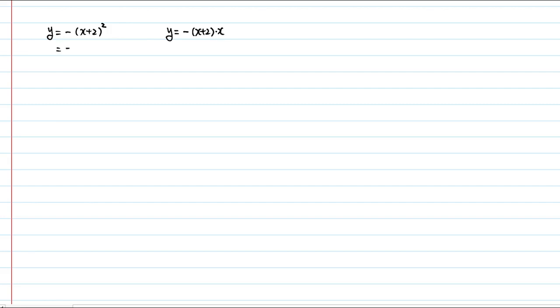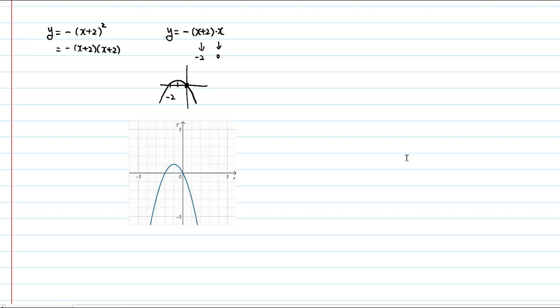Why am I doing this? Because if you undo that squared value, that's x plus 2. So here the x-intercept will be negative 2. The x-intercept is where y value is equal to 0. So the graph will pass through 0 and negative 2. You see that the graph will look like this.